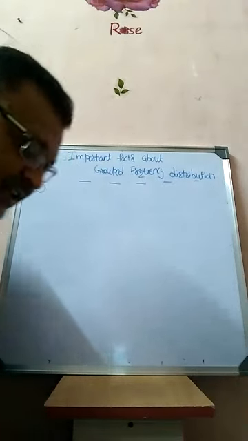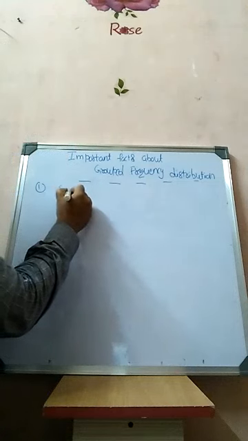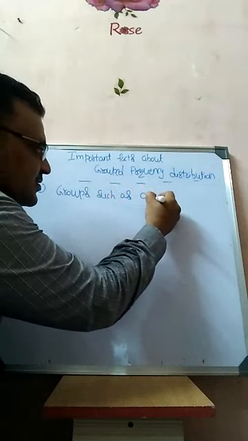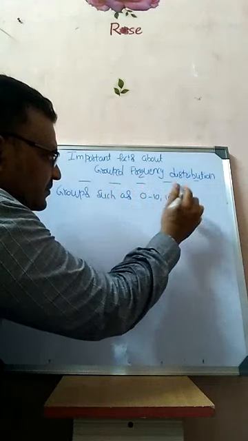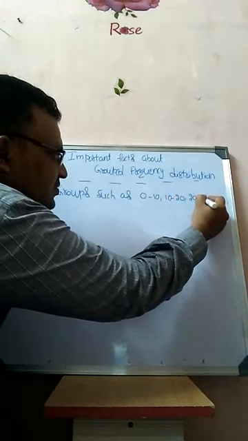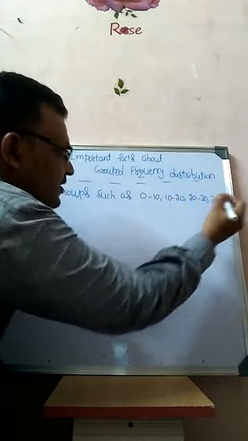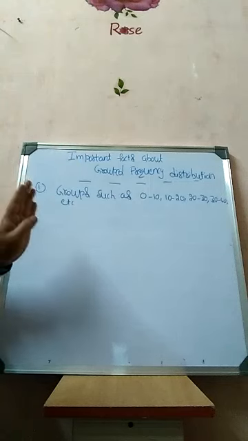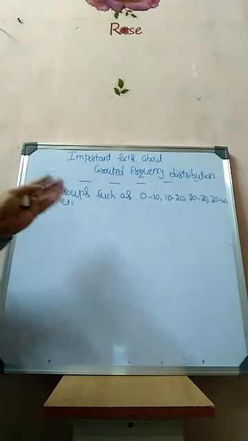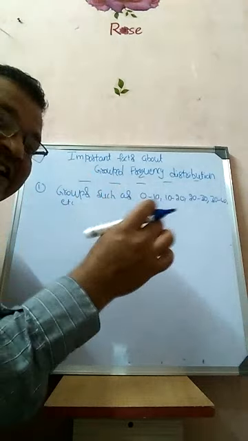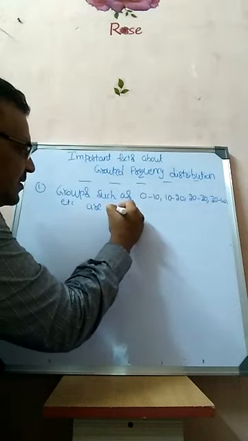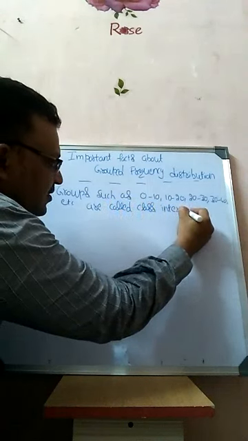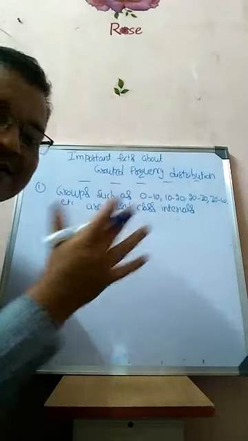The first one is groups, such as 0 to 10, 10 to 20, 20 to 30, 30 to 40, etc. These groups are called class intervals.